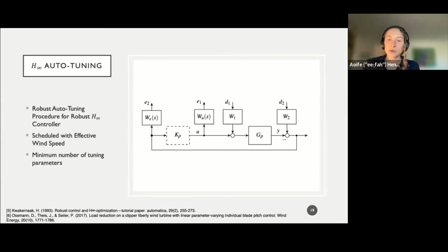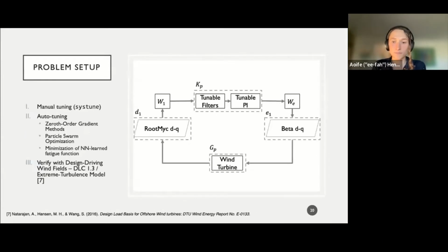And this controller should be scheduled for different effective wind speeds, and ideally require really a minimum number of tunable parameters. And this will be the next phase of our project, to figure out what these minimum number of parameters are, and also to consider the best auto-tuning procedure to implement.